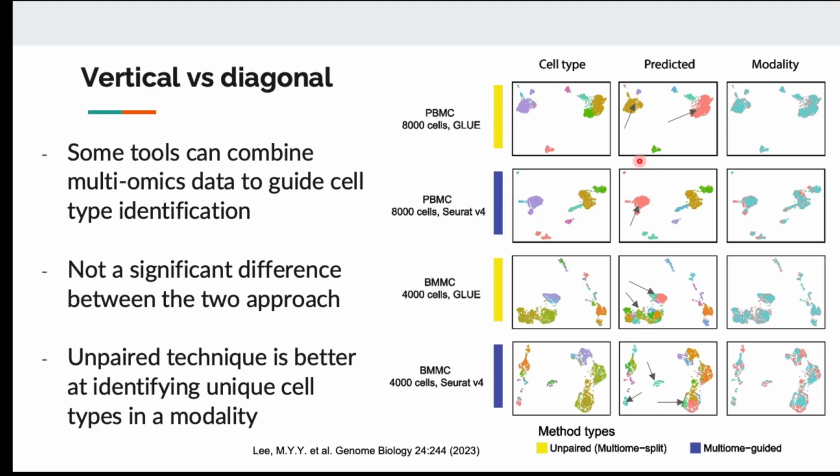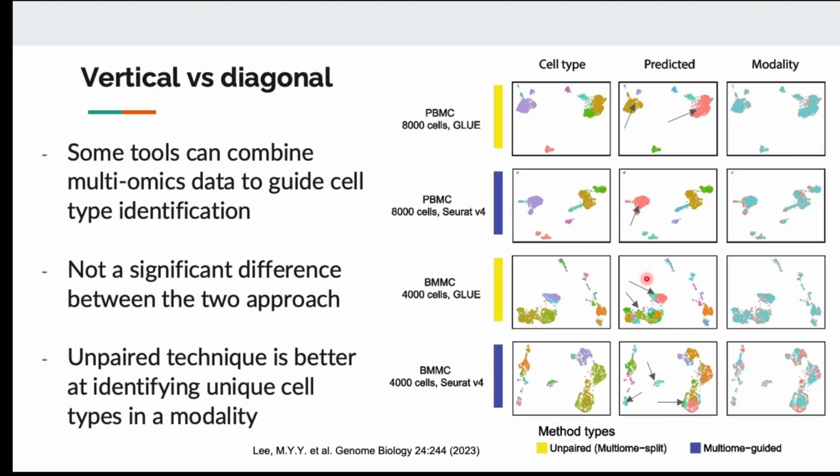If you look carefully, where I put the arrow, none of the methods, and even the perfectly paired data, gives you the perfect cell type classification, cell type annotation. So the issue of having batch effect across laboratory is not that big of a problem, because the actual variability in your data is stronger. So you don't have to worry about the fact that you have different labs perform different omics. So at least we don't have to worry about that.